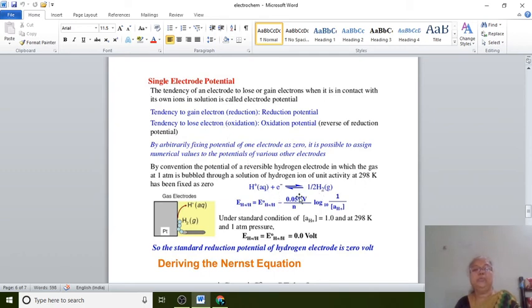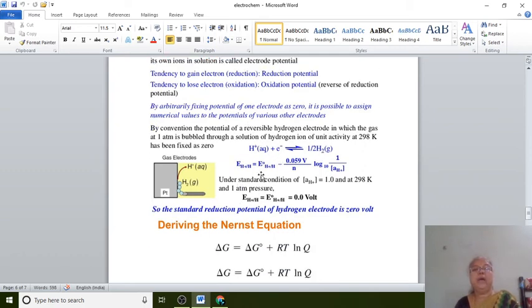And usually the EMF of the hydrogen electrode is given by this equation, and this equation shows that the EMF of the hydrogen electrode totally depends on the activity of the H plus ions.